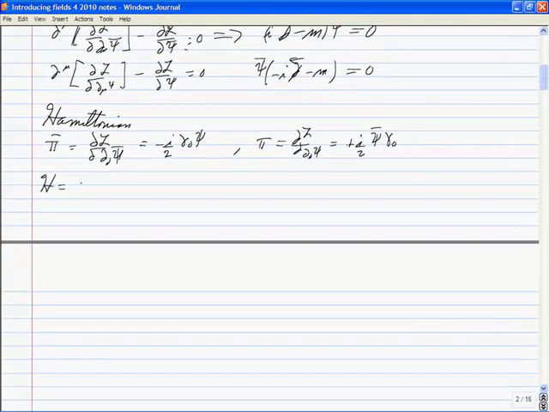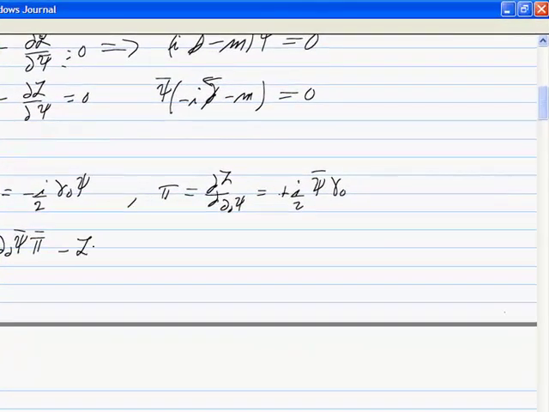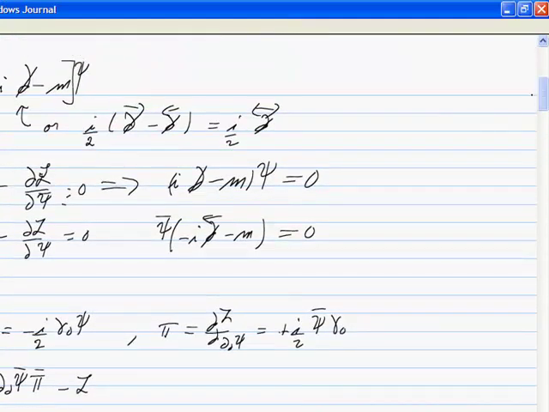The Hamiltonian density then would be pi d0 psi plus, well, let me put it in the right order, d0 psi bar pi bar, minus the Lagrangian.